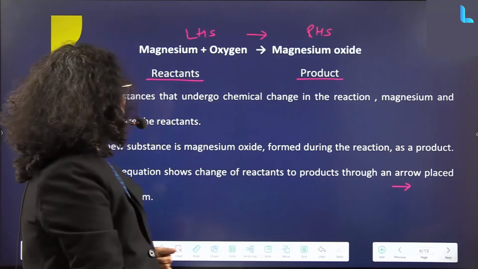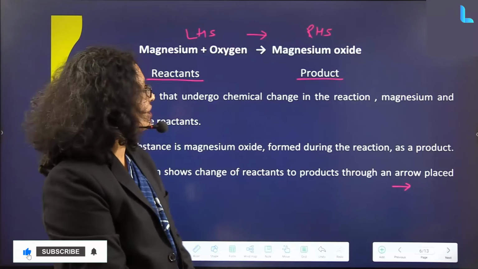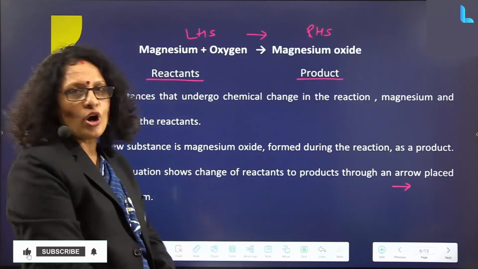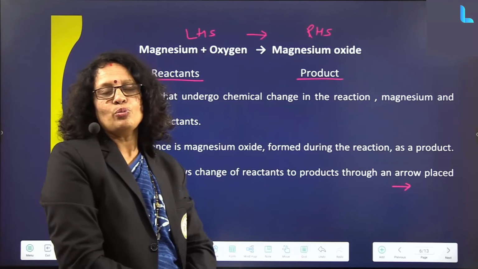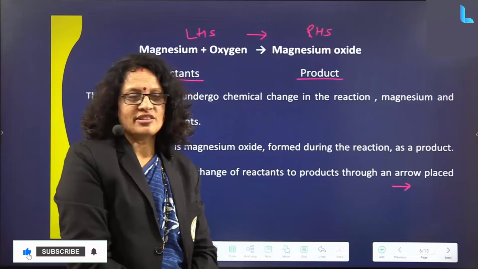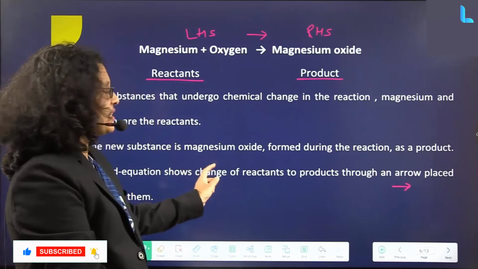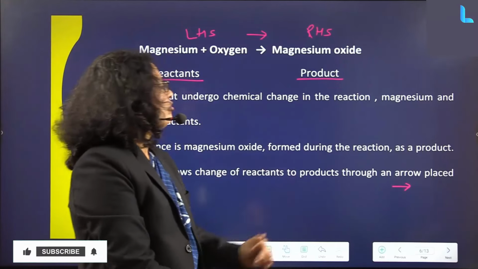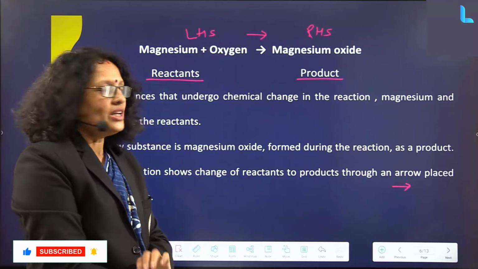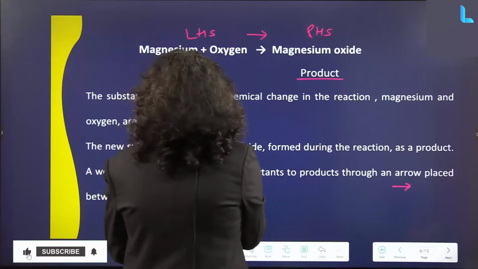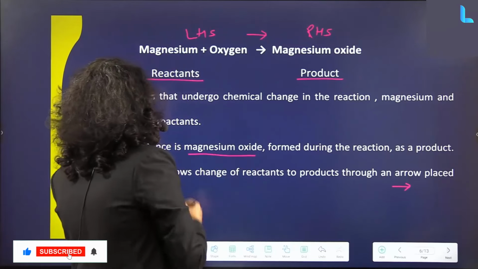The substances that undergo chemical change in the reaction, magnesium and oxygen, which are forming a new product, are called reactants. The new substance, magnesium oxide, formed during the reaction is the product.